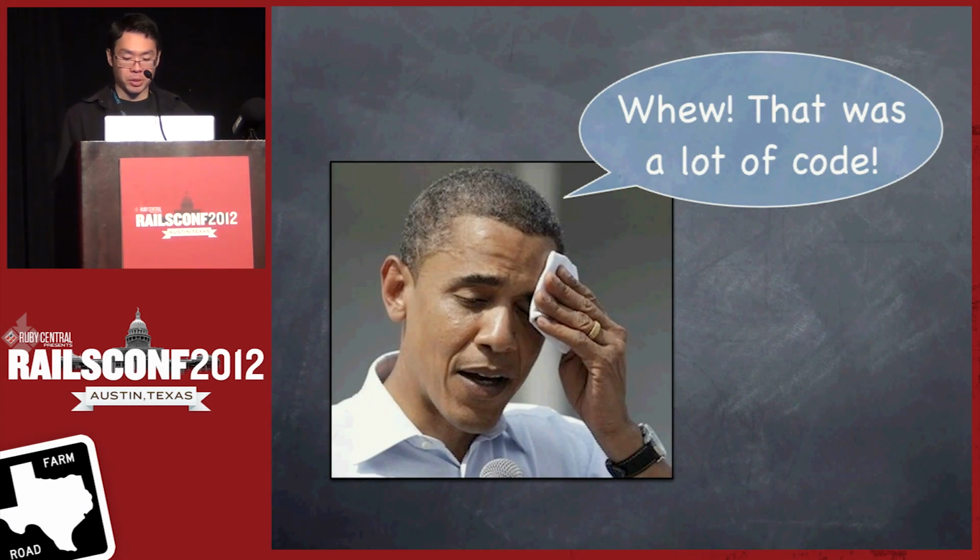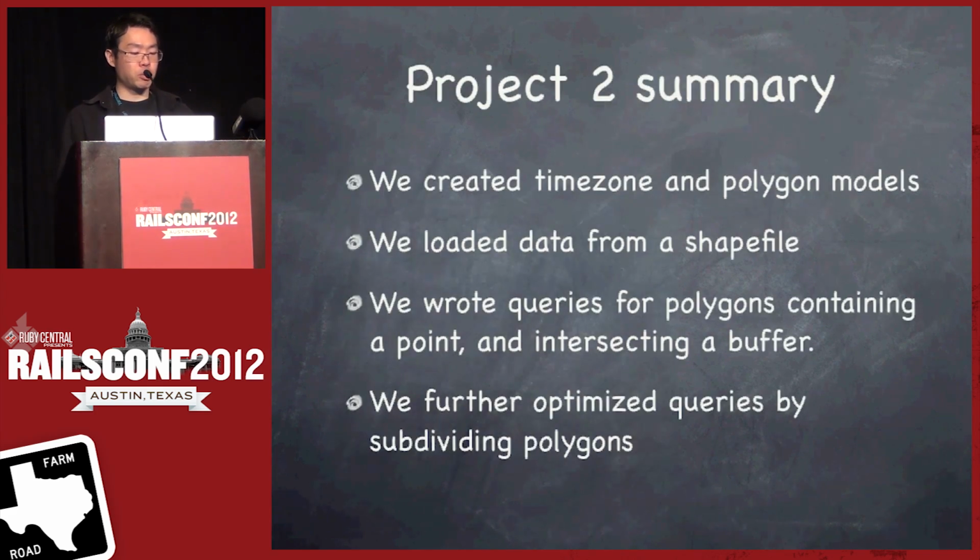And that's it. So just a quick recap of what we did in this project. We created time zone and polygon models as separate models. We have a has-many relationship between them. We loaded data from a shapefile that we downloaded online. We then wrote 2 queries. The first one was to find the polygon that contains a particular point.